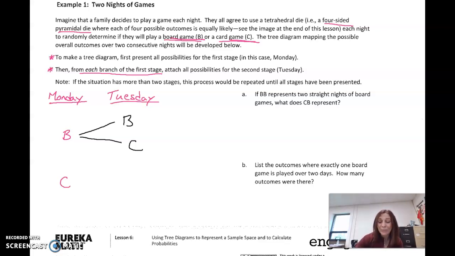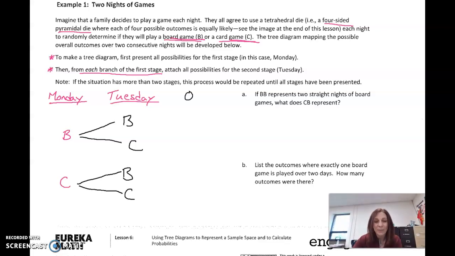But if we played a card game on Monday, we could play a board game on Tuesday, or we could play another card game. So you have to list what happens Monday, and then from Monday's result, that's when you get your choices for Tuesday.